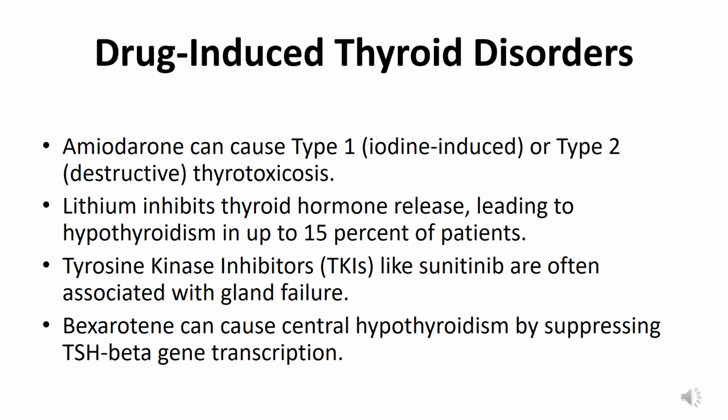It suppresses transcription of the TSH-beta gene in the pituitary gland. As TSH production falls, the thyroid gland receives inadequate stimulation and thyroid hormone levels decline. Laboratory testing may therefore show low TSH together with low free T4, which is characteristic of central hypothyroidism.